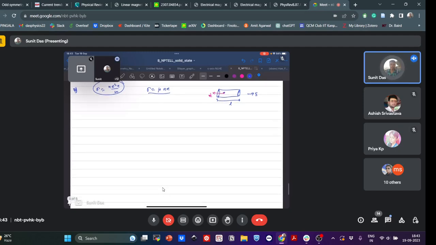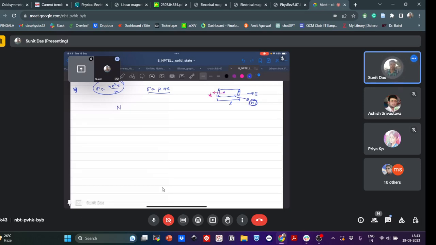We also assume that there are n electrons per unit volume, so n is basically the carrier concentration.